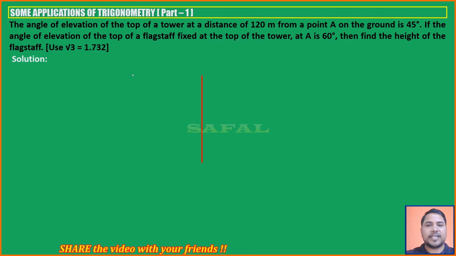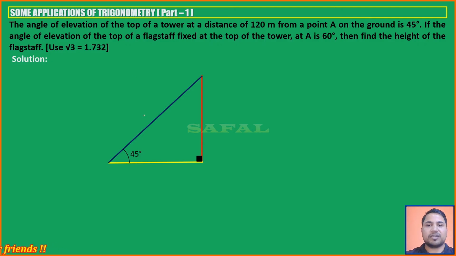So first I have taken the tower. Now I am taking a point at a distance 120 meter from the tower, and the angle of elevation is found to be 45 degree. So this is 120 meter as per the question, and this point we are calling A. If the angle of elevation of the top of a flagstaff fixed at the top of this tower, so now this red tower is there.